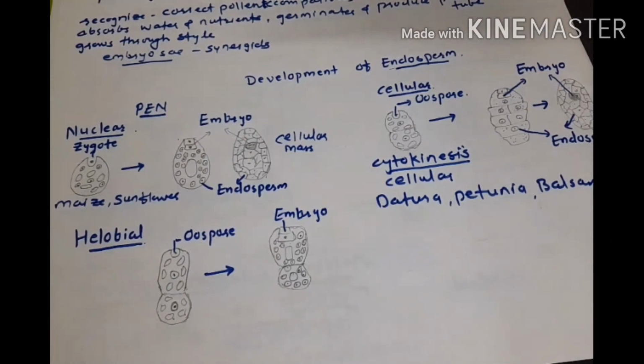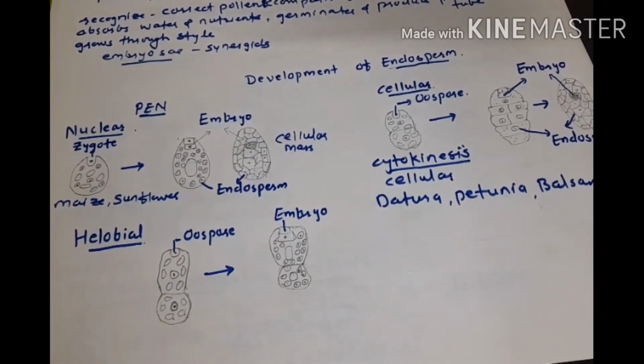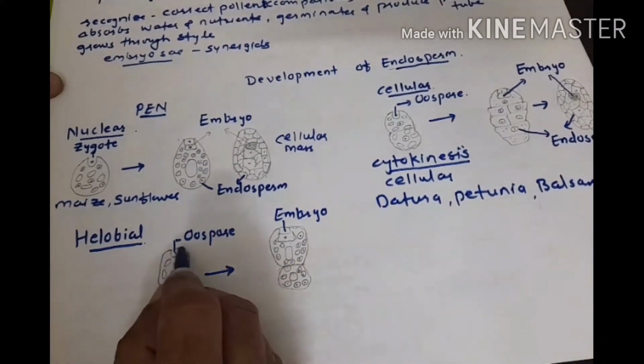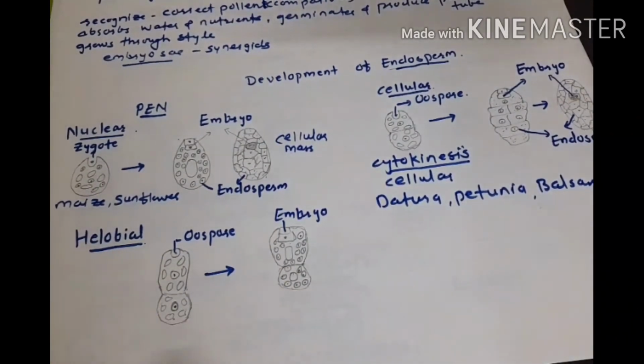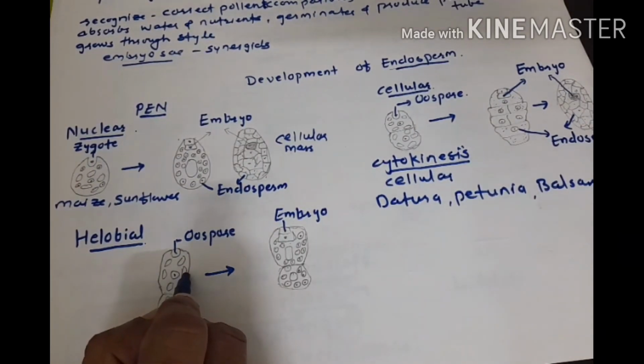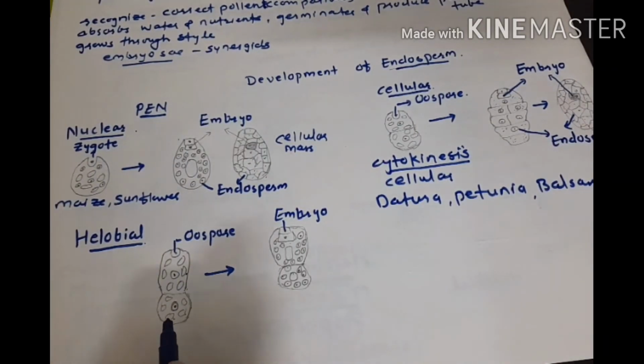In helobial type of endosperm, the first division of PEN, the primary endosperm nucleus, is followed by the formation of a cell wall. Owing to this, the central cell is divided into a large micropylar cell and a small chalazal cell.